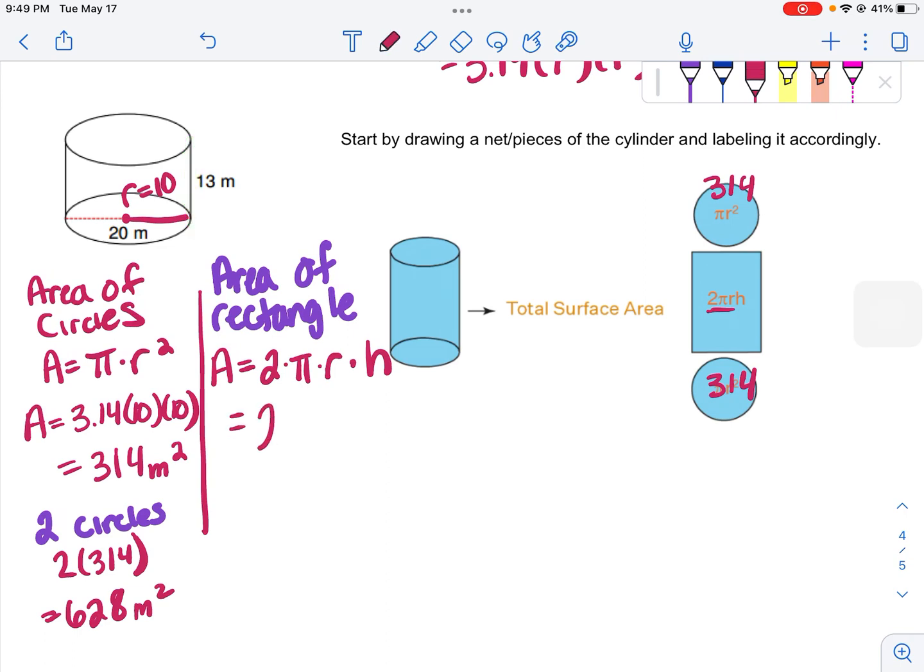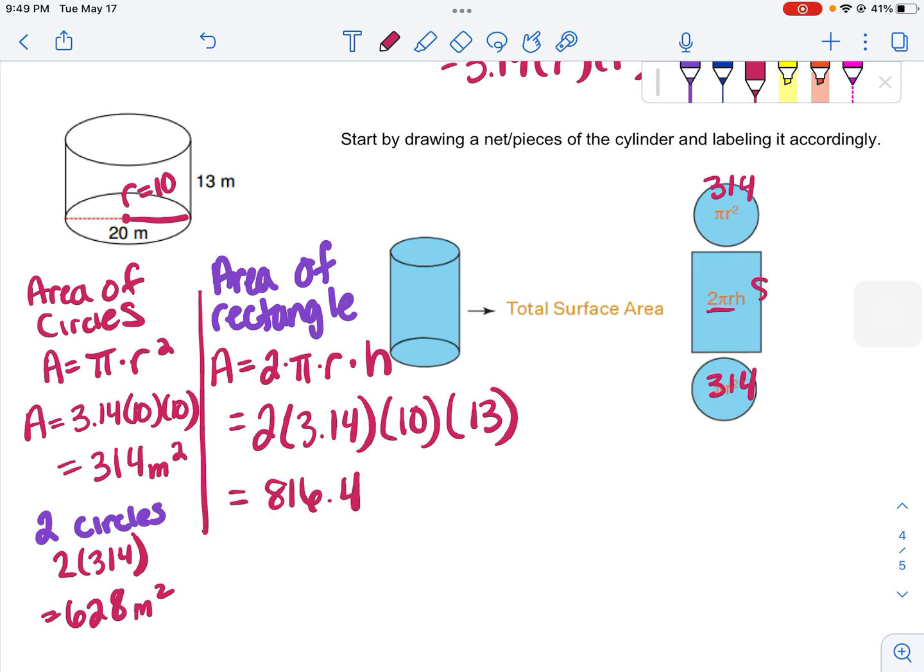And so we would plug it in: 2 times 3.14 times the radius. Make sure you use 10, times the height, which was 13. Multiplying that out, I'm going to get 816.4, and that's the area of the middle piece right here.